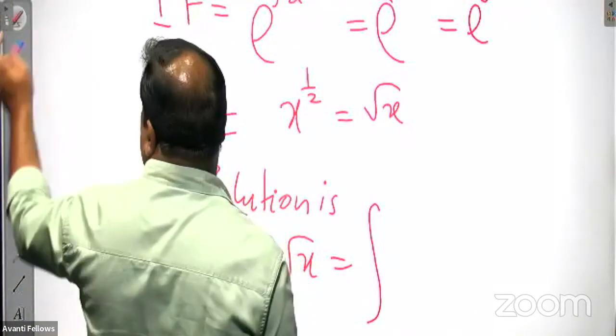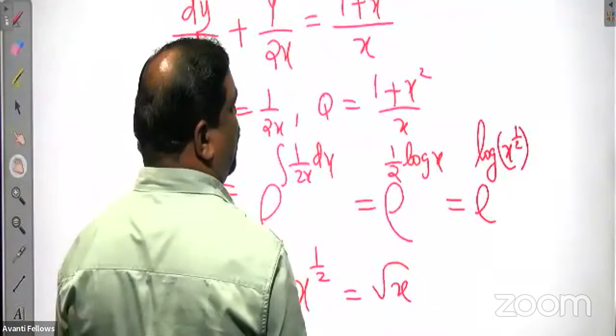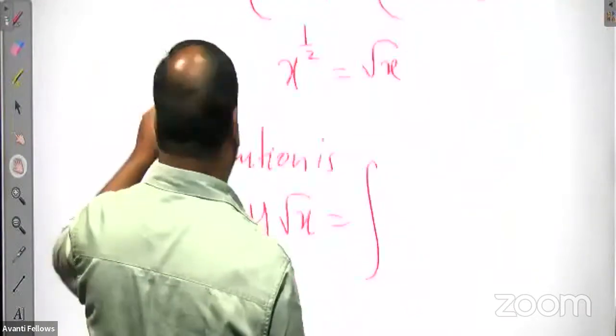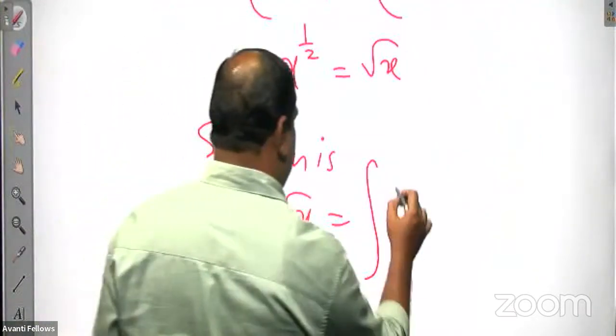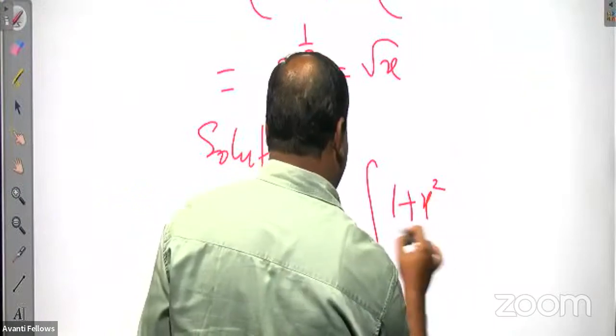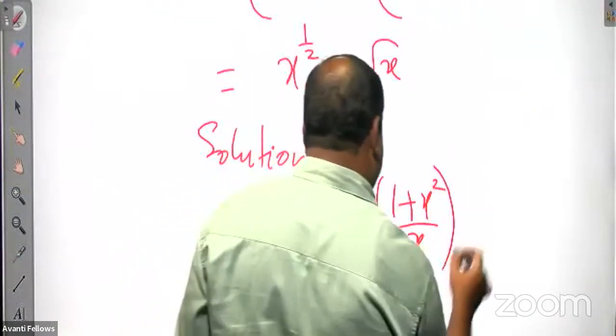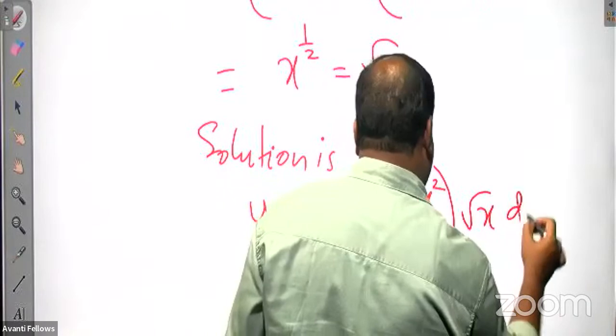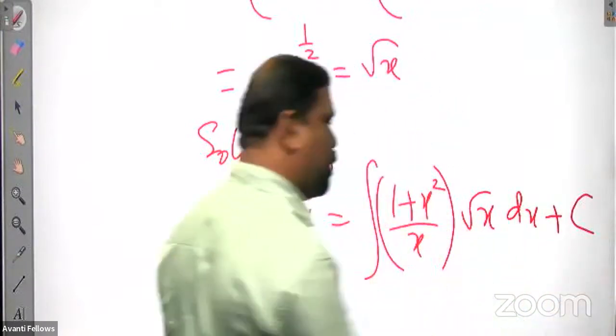What is q? Q is equal to 1 plus x square by x. Q into integrating factor, root x, dx plus c.